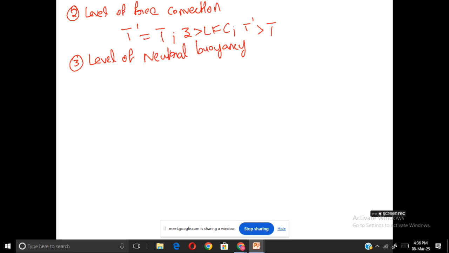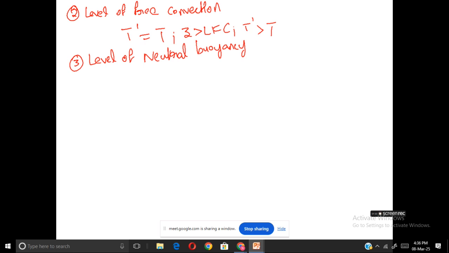The second is the level of free convection, above which the parcel has a temperature greater than that of the surroundings and is self-buoyant. The third is the level of neutral buoyancy, where the temperature of the parcel again goes below that of the surroundings, and this is considered the top of the thunderstorm cloud.